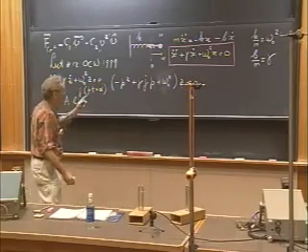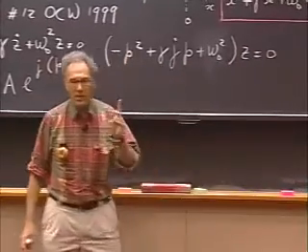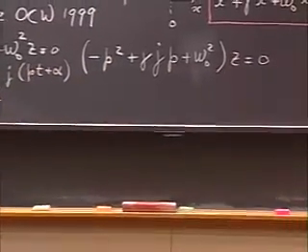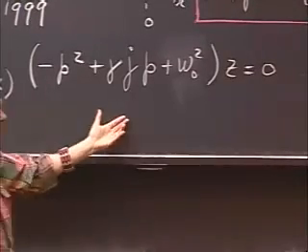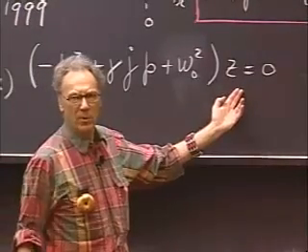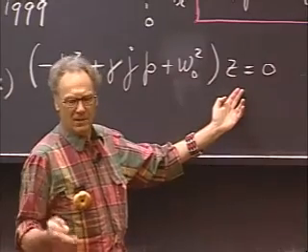If you have an equation like this, you may think it's one equation, but it really is two equations. Because if something like this has to be 0, and of course Z equal to 0 is not an acceptable solution, because that's the oscillation.